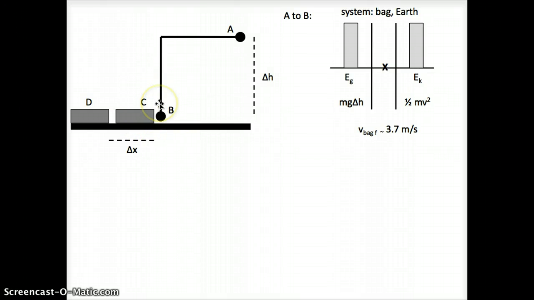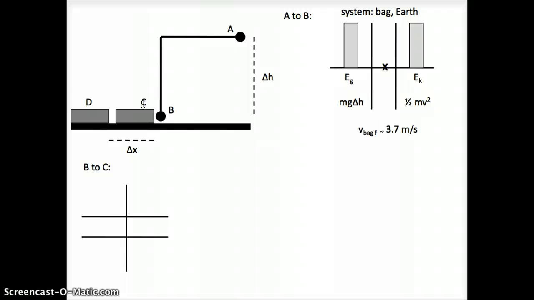The problem here is that we can't use conservation of energy for this transition, for this collision, because we don't actually know and have no way of knowing the energy that was dissipated from moment B to moment C in that collision. However, we do know that momentum is conserved, and if we define our system carefully, we can use the fact that the momentum is constant from before to after.